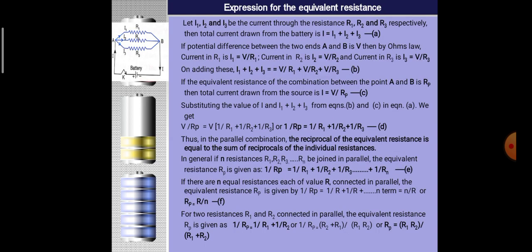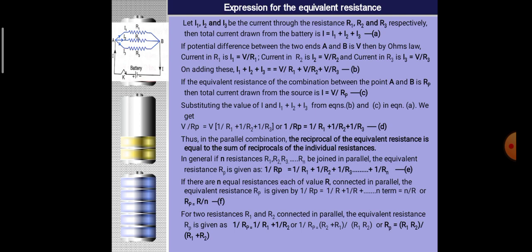Let I1, I2 and I3 be the current through the resistances R1, R2 and R3 respectively. Look at the diagram. Then the total current drawn from the battery is I is equal to I1 plus I2 plus I3. Consider this as equation A. If the potential difference between the two ends A and B is capital V, then by Ohm's law, current in R1 is I1 is equal to V by R1, current in R2 is I2 is equal to V by R2, and current in R3 is I3 is equal to V by R3.